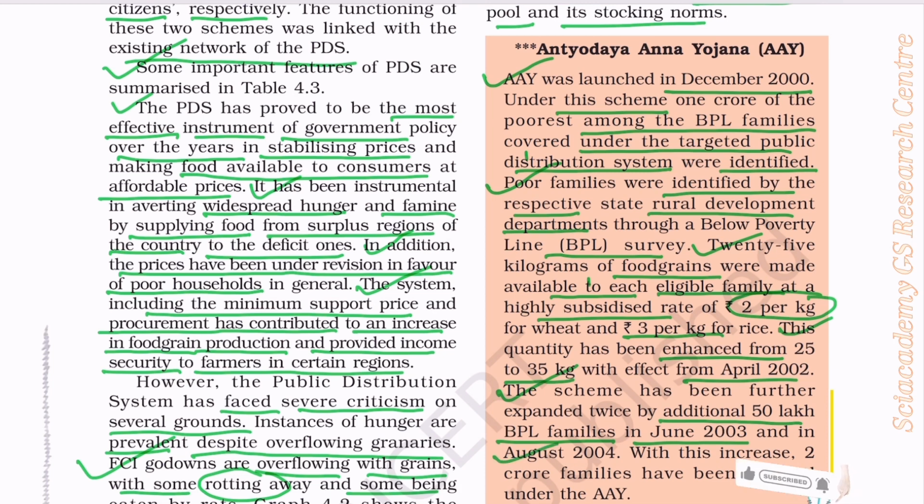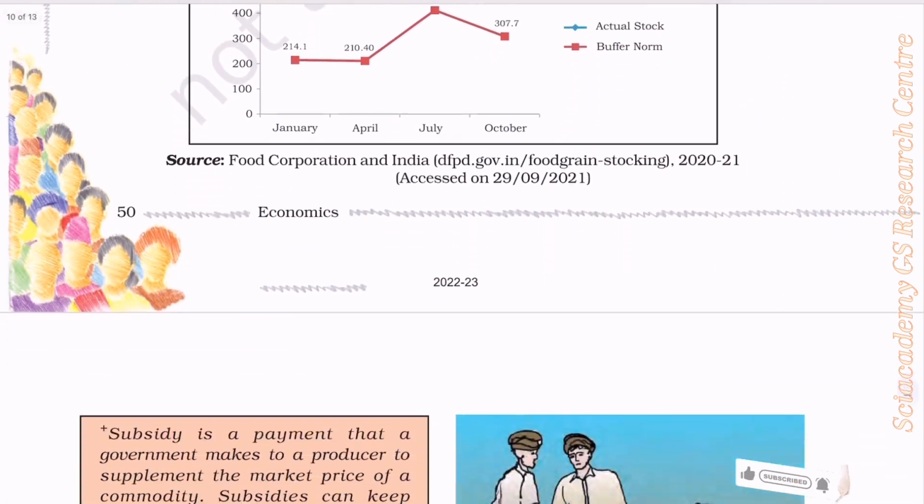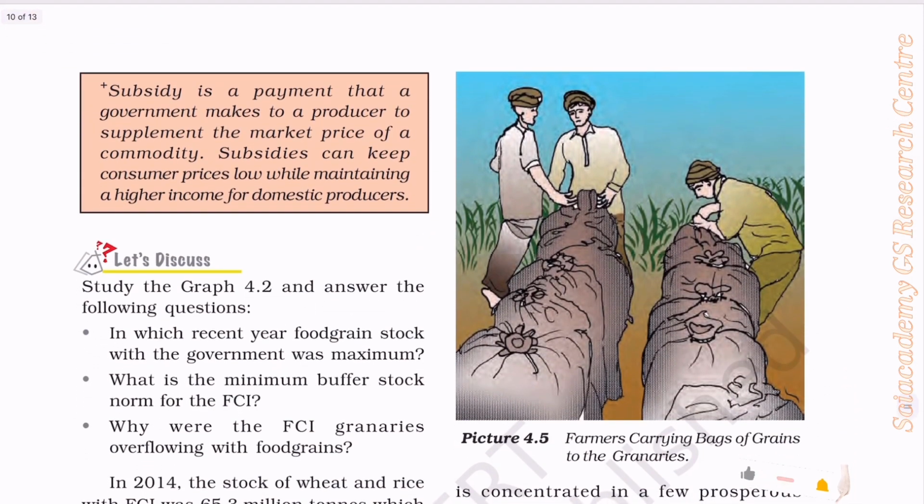With this increase, 2 crore families have been covered under the AAY. Subsidy is a payment that a government makes to a producer to supplement the market price of a commodity. Subsidies can keep consumer price low while maintaining a higher income for domestic producers.